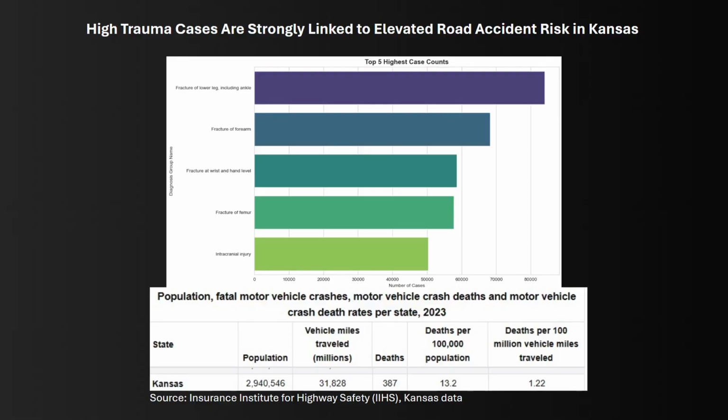This suggests that Kansas experiences a relatively higher burden of road-related incidents, which likely translates into a higher number of trauma cases. Overall, the data suggests a strong linkage between road safety conditions and healthcare demand, where higher accident rates lead to increased trauma cases, greater departmental involvement, and higher system loads.